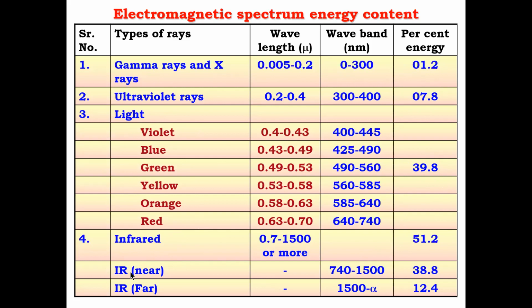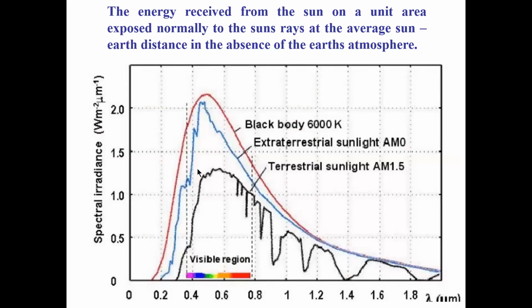From the infrared, near infrared is 38%, and far infrared, which is not useful for agricultural purposes, is 12.4%. So nearly more than 50% of the energy received from sunlight is useful for crop growth and development. This is the table. So if you are asked in the examination about the energy percentage according to the spectrum of light, then you have to write it this way.